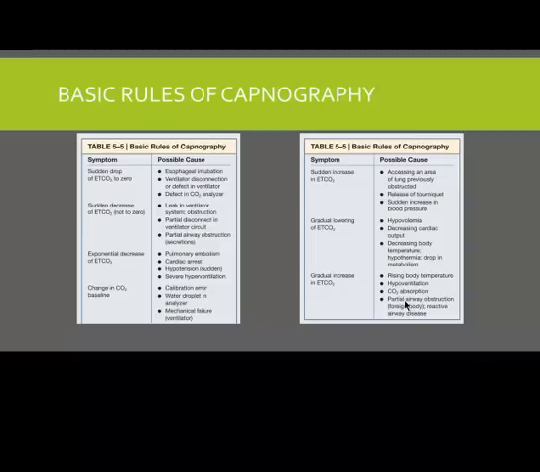And if you understand how all this works, then you can really start putting it together. You don't have to memorize this, but you can understand, I need these numbers to be this. If I have a complete drop and loss of waveform, then something's become disconnected.